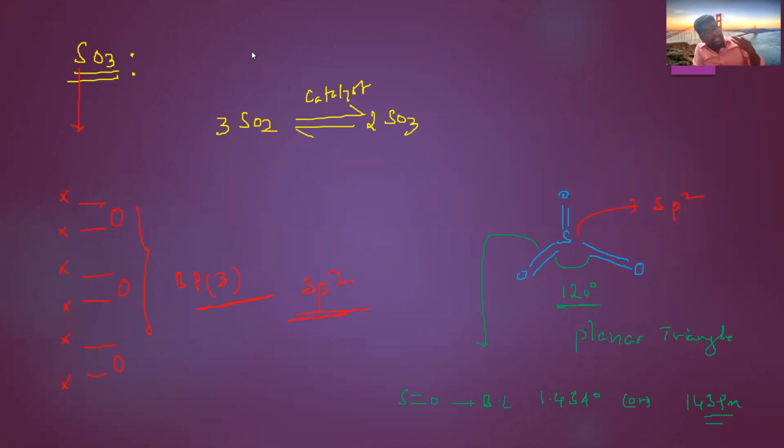It is possible as a cyclic structure. It is possible in linear form also. In the linear form, how many sigma and how many pi bonds are present? That is the most important. Write down. So here, what is the cyclic structure? In sulfur trioxide, these two oxygens carry double bonds, and the other oxygens are shared by the sulfur.